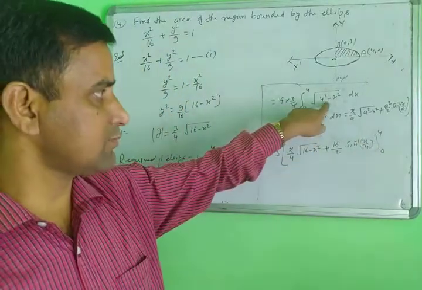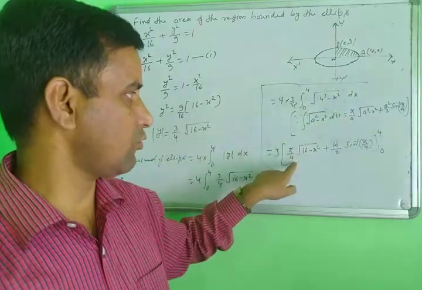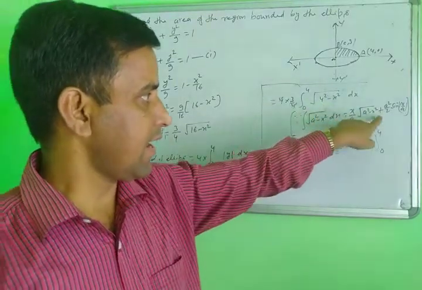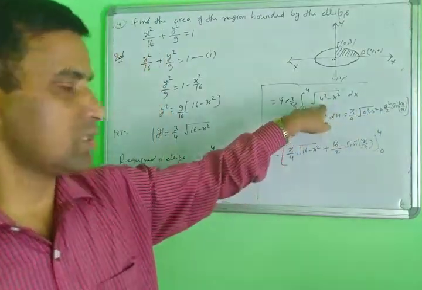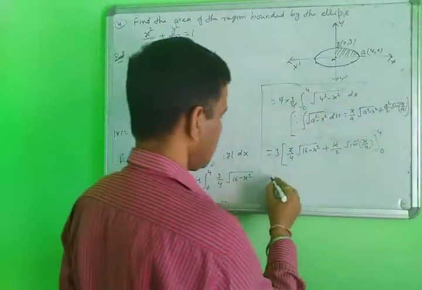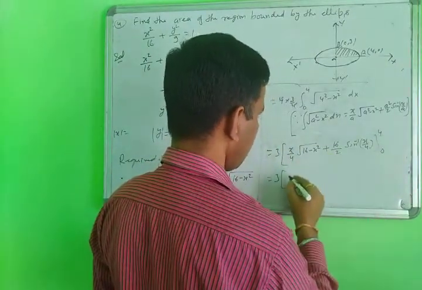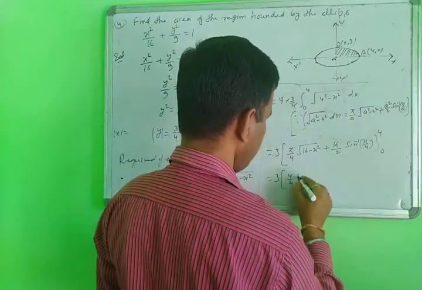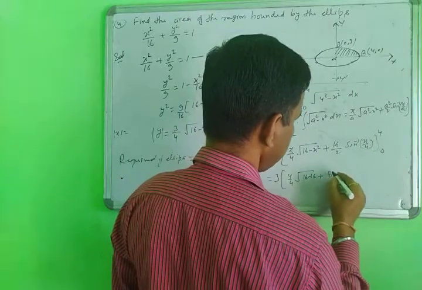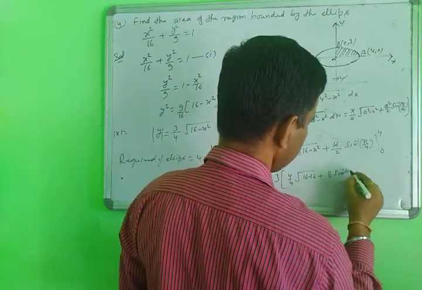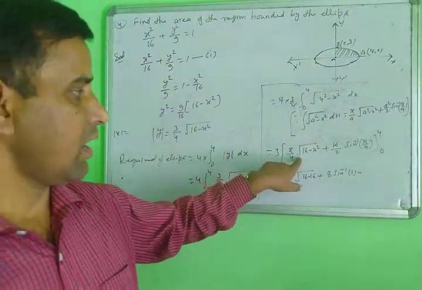According to the identity, a is replaced by 4, and a square is 16. Then using the upper limit: 4 upon 4 times root of 16 minus 16, plus 8 sin inverse of 4 upon 4, which is 1. The upper limit work is completed.